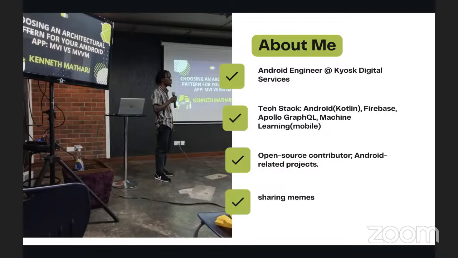Last month, I ventured into machine learning, and I'm building a side project on that, so hopefully before the year ends, that will be completed. Also, I love working on open source projects, mostly Android related. It's something I've been doing for about 2 months, and so far so good.